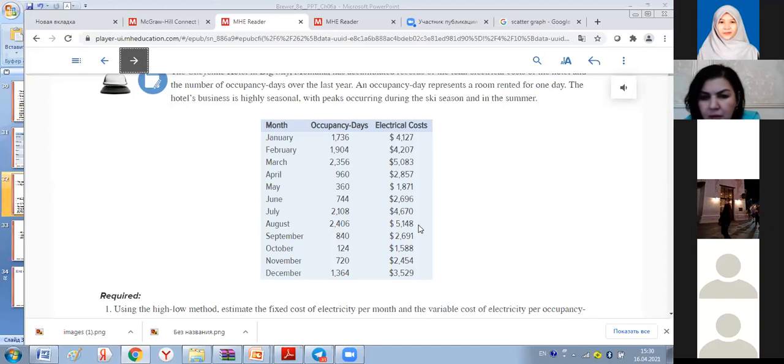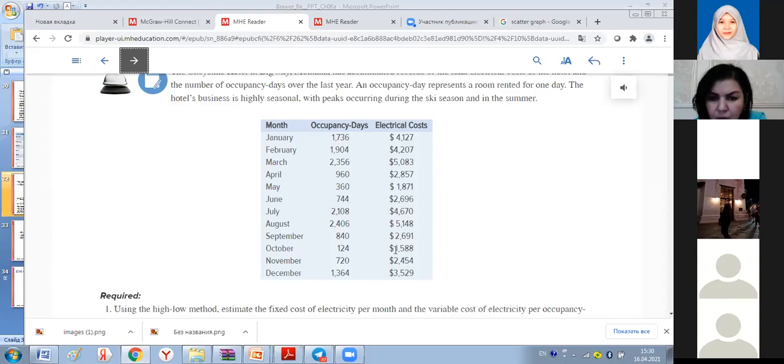You need to subtract: high level cost minus low level cost. 5,148 minus the October low level cost, which is 1,588.